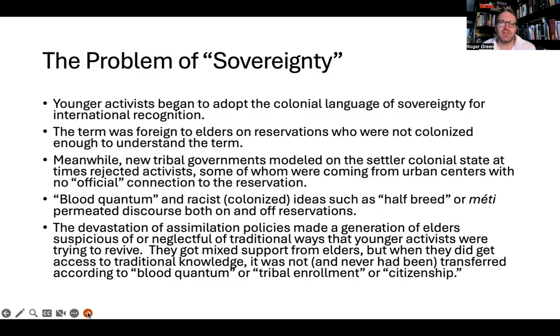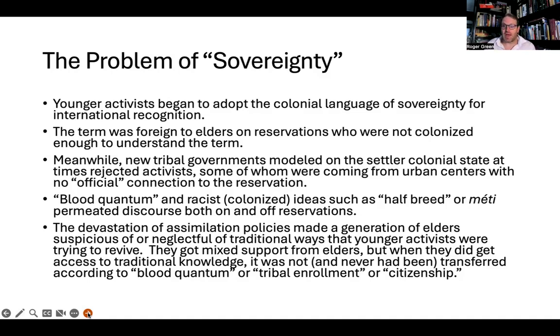And then we see the devastation of assimilation policies from the 1950s and 60s, which made a generation of elders suspicious of or neglectful of traditional ways. So you have younger activists in the 60s and 70s longing for traditional ways, but you had a couple of generations of native people who had been forced into boarding schools who were saying, no, we gave all of that up, right?